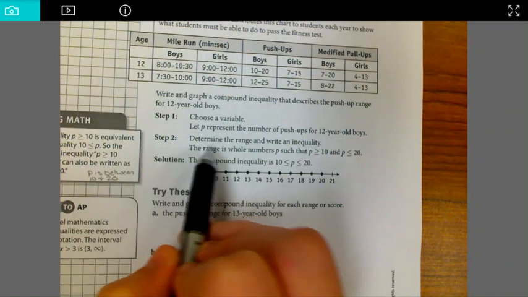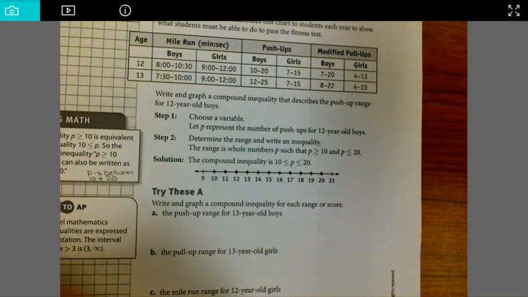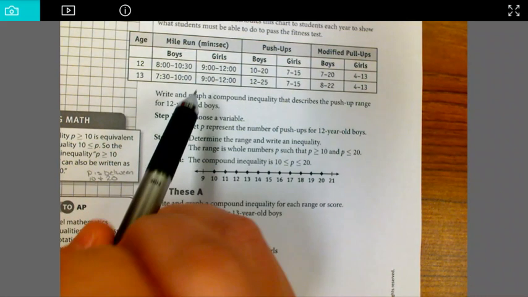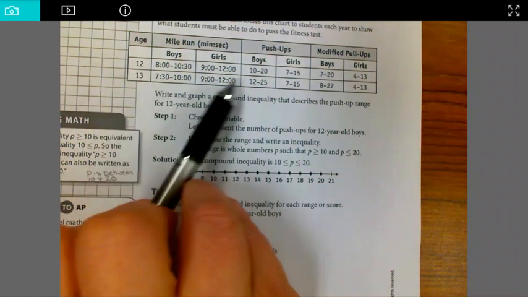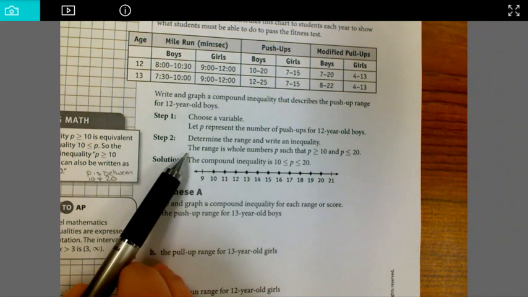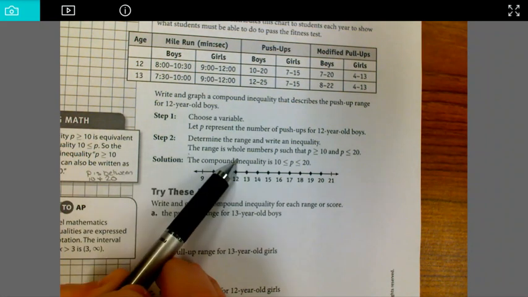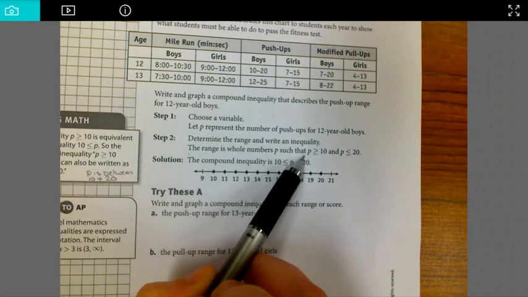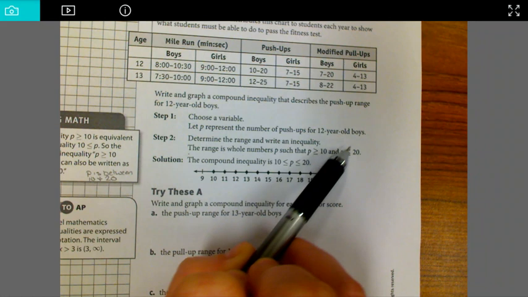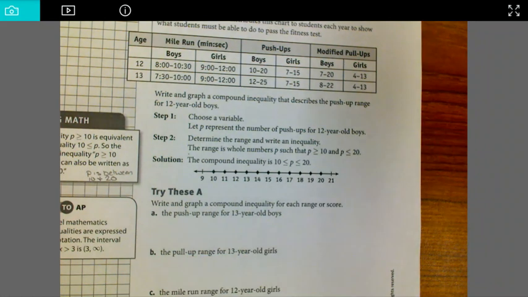Step 2, determine the range and write the inequality. Well, if I look for push-ups for 12-year-old boys, they should be able to do 10 to 20. So it says the range is a whole number, P, such that P is greater than or equal to 10 and P is less than or equal to 20.